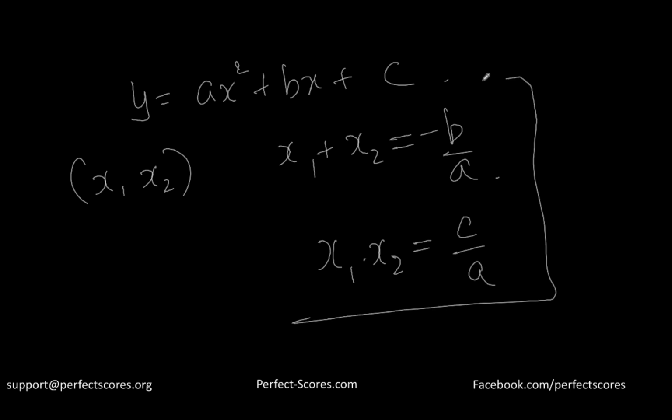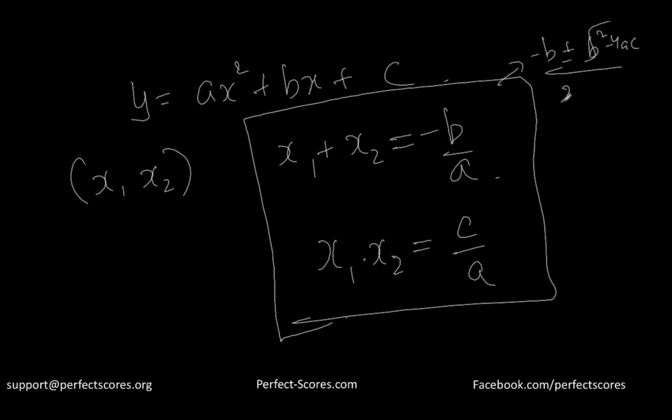Very, very important. I've derived it in one of my quadratic equations content videos. You can see the derivation there. This is something that you can derive from the formula, minus b plus or minus square root b square minus 4ac divided by 2a.